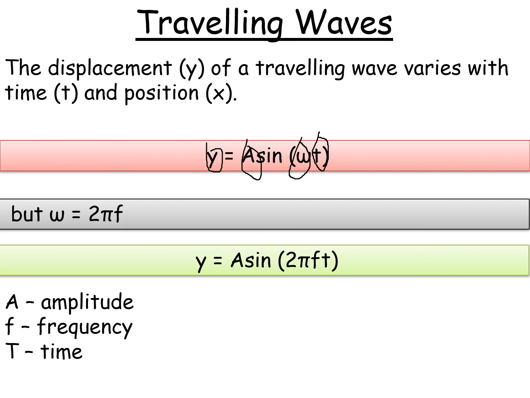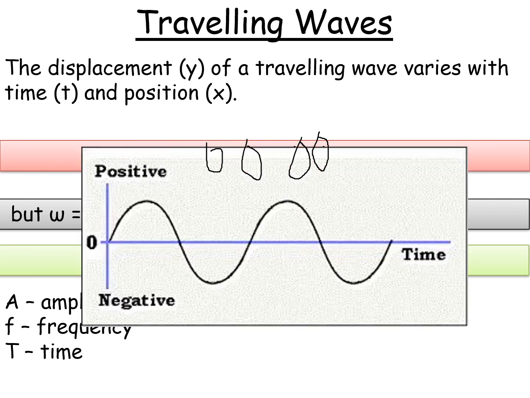Nothing new there, I don't think, because we've seen this in simple harmonic motion. And this is represented by this graph here, which again, you've seen in simple harmonic motion. So a lot of revision here, a lot of recapping of concepts that you've come across before.